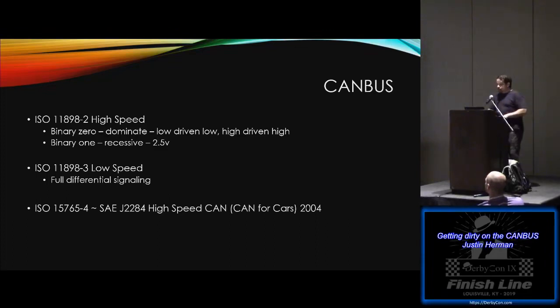And then when it would return back, they both return to the 2.5. In ISO 11898-3, there was a low speed signaling, and I'll show you a little more about how that one works. And then ISO 15765-4 is the one we're really going to be talking about, and that is a form of the 11898-2. This stuff's complicated.